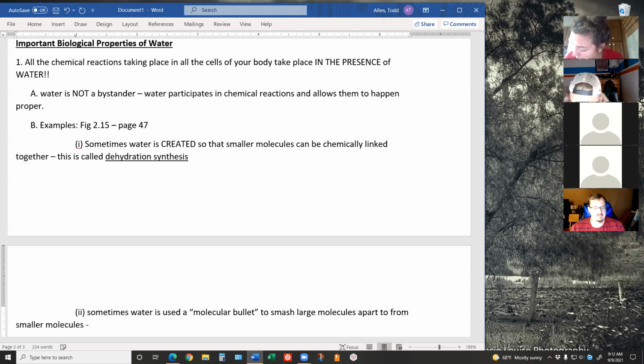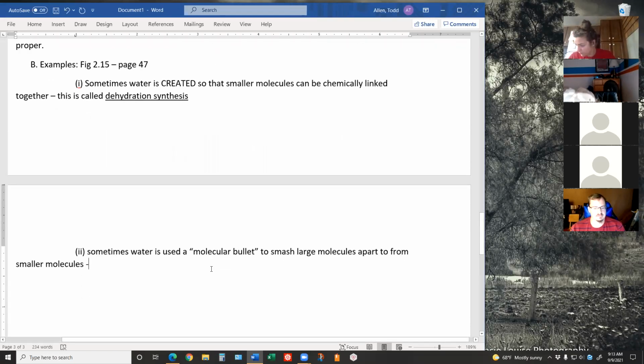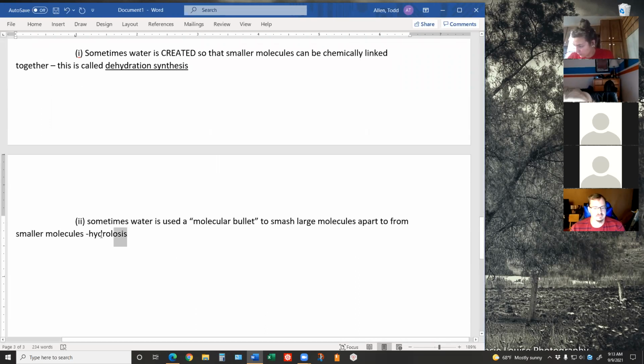Okay, it's the exact opposite reaction you see on figure 2.15. If the first reaction we described is the forward reaction, the reaction I'm talking about now is the reverse reaction. This is hydrolysis. Okay? So dehydration synthesis and hydrolysis are kind of like opposites. It's like dehydration synthesis is like going forward in your car, and hydrolysis is like going in reverse in your car. Okay?